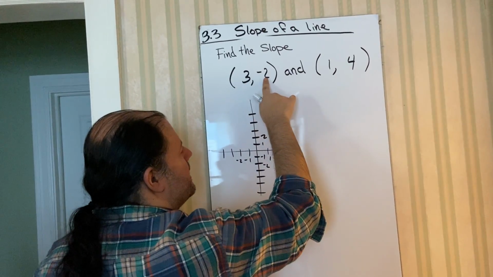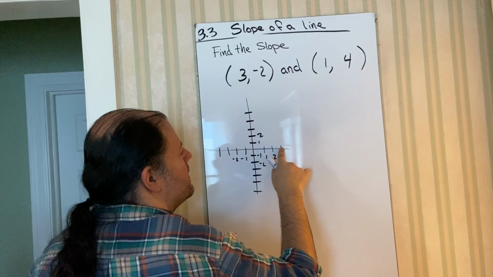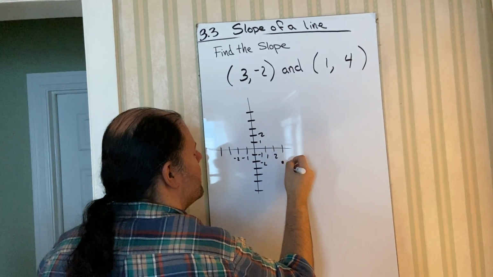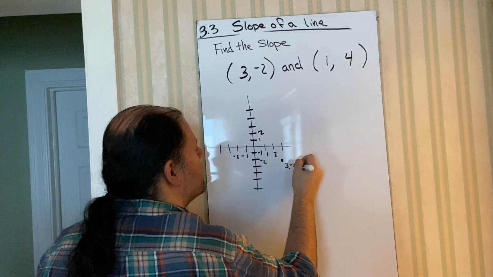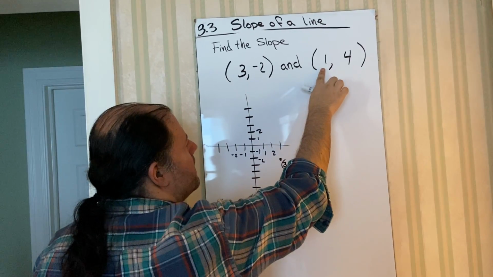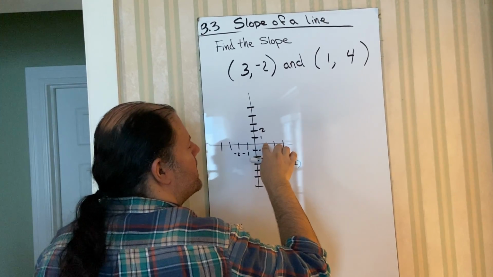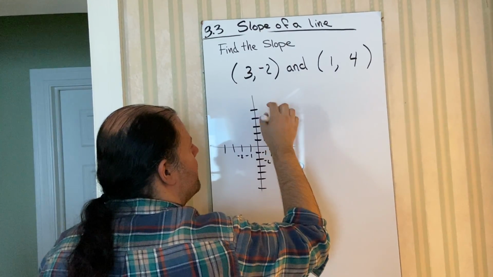So if I do 3, -2, find 3, and then go down 2 units. And then find 1, and then go up 4 units from this spot.